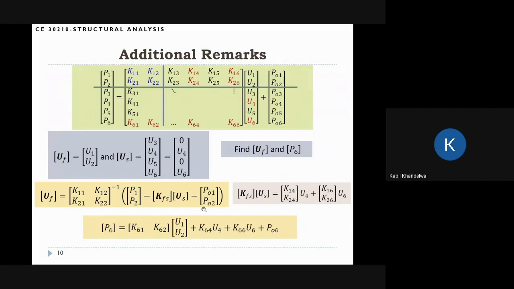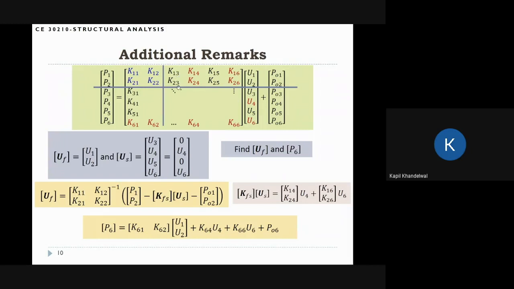KFS US is actually the contribution of this block multiplied by this vector here. But as you can see, because U3 and U5 are 0, U3 gets multiplied by K13 and K23. So you don't really need K13 and K23 because they are getting multiplied by 0.